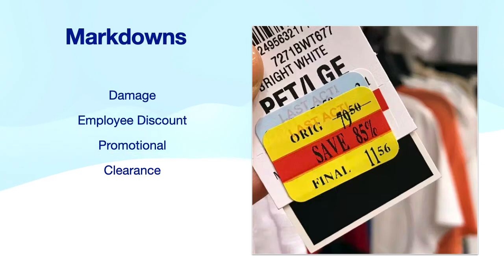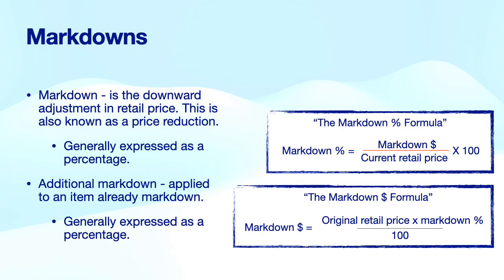You have promotional markdowns and also clearance markdowns. Markdowns are generally taken to move slow selling or end of season merchandise. Since items are sold at a lower than intended retail price, markdowns do have a negative impact on gross margin and net profit.